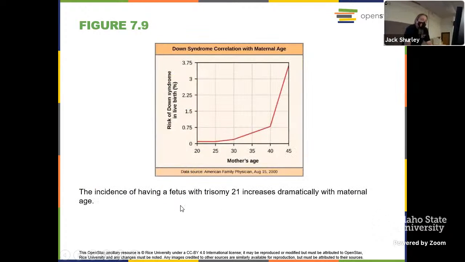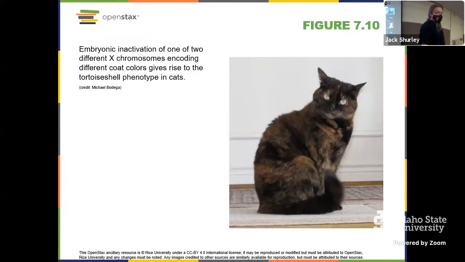So one reason potentially to do a karyotype is to determine if that child potentially has a trisomy. That would be an extra copy of a chromosome, and specifically chromosome number 21. That causes Down syndrome. Let's go back to this.